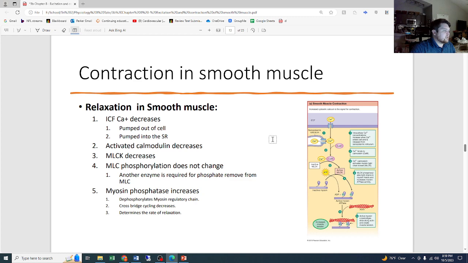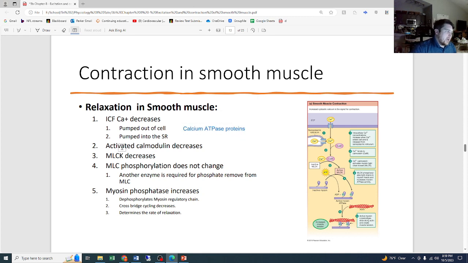The relaxation is just like in skeletal muscle, where we pump the calcium out and everything kind of sets back into place. The calcium decreases, it gets pumped out of the cell and pumped back into the sarcoplasmic reticulum through our lovely calcium ATPase proteins.